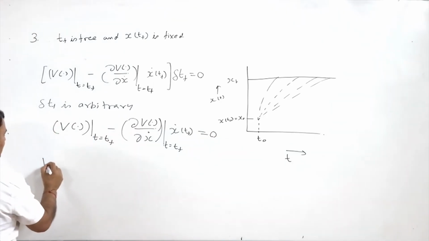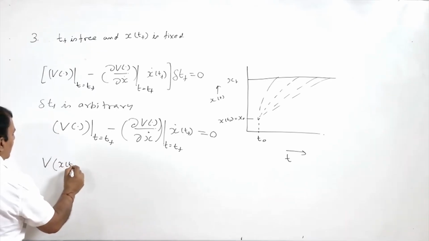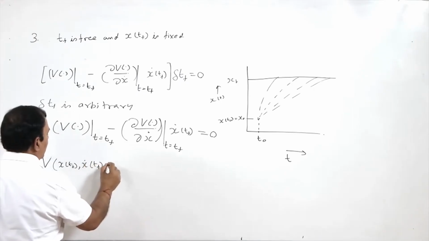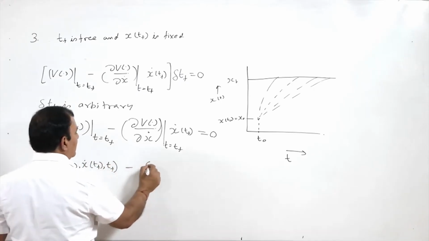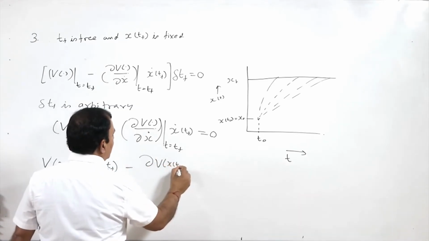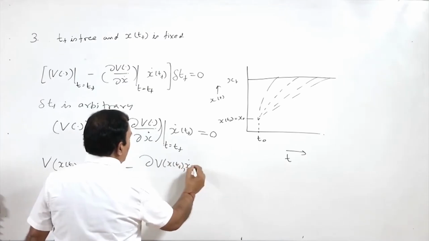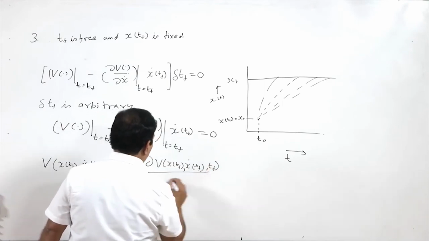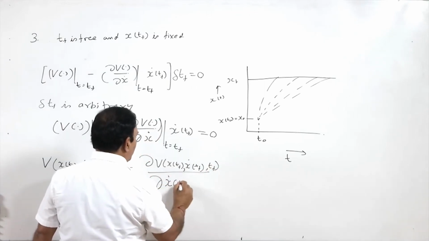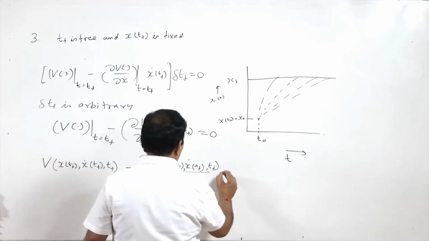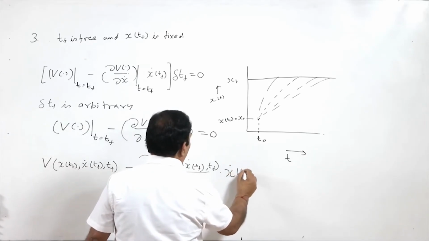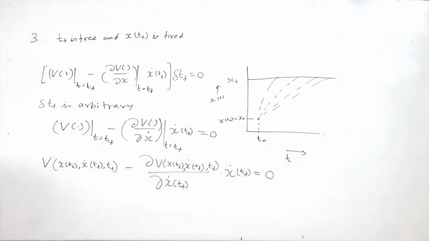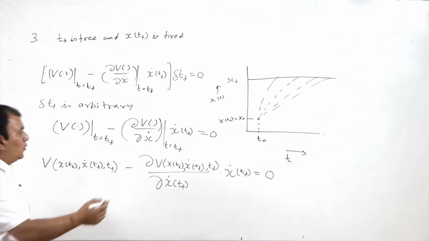In general, we can write V(x(tf), x dot(tf)) minus del V by del x dot of tf, multiplied with x dot of tf, equal to 0. So, we have two conditions now.